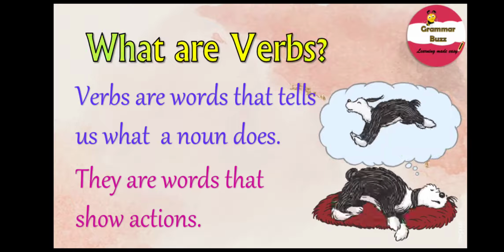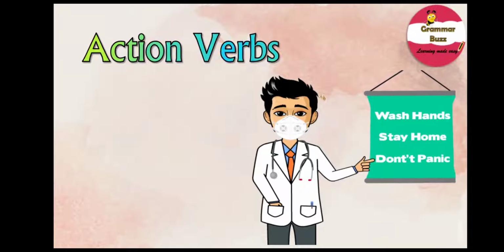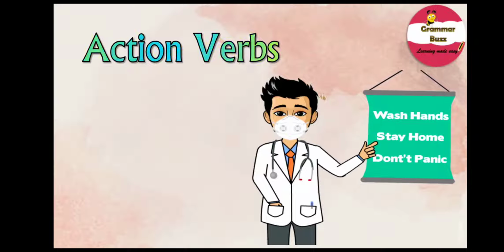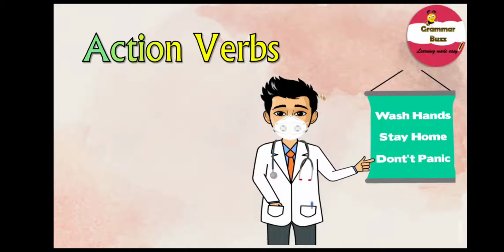Well, let me give you some examples. Now we are going to see some action words for the nouns we just discussed. Remember, verbs are action words that tell you what a noun does, and so they are called action verbs. Okay, so who is this?